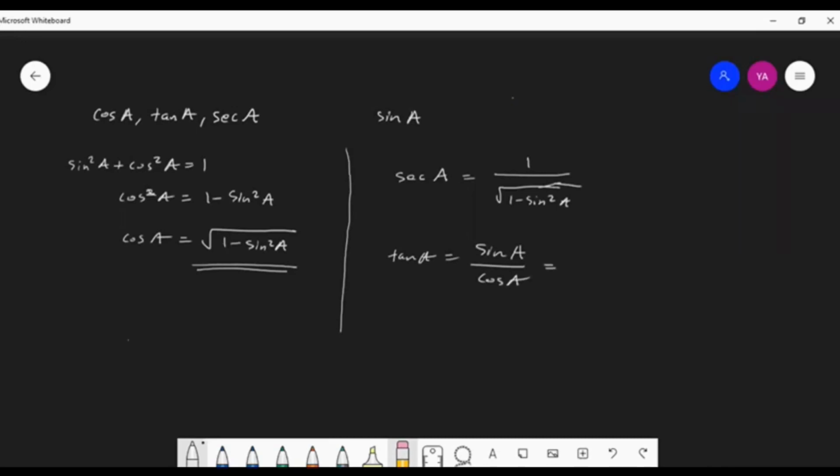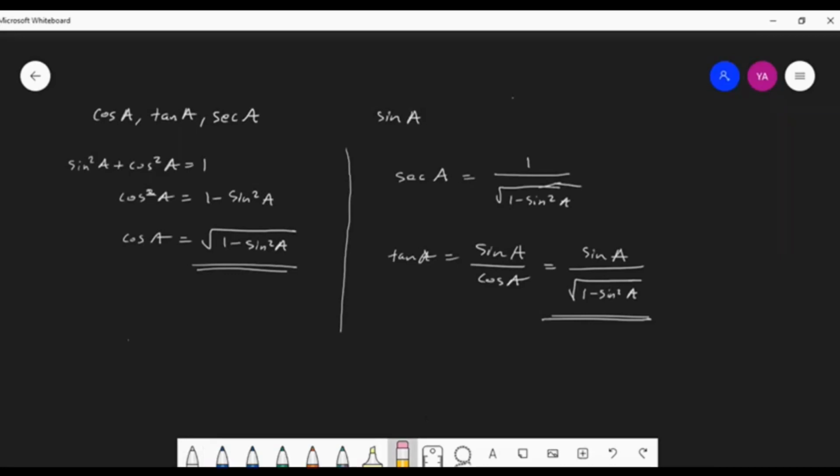We simply write sin A. Cos A, we have written here square root of 1 minus sin square A. Okay, no need to simplify. Here we can stop. Sin A by root of 1 minus sin square A. So we have expressed these 3 trigonometric ratios in terms of sin A. Okay, this is enough.